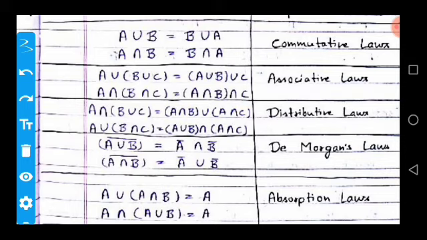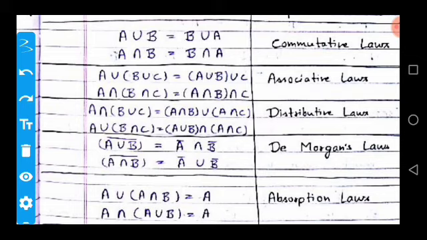Also, after applying the complement to A intersection B, we get A complement union B complement. So it represents your De Morgan's law. Now come to the absorption law.